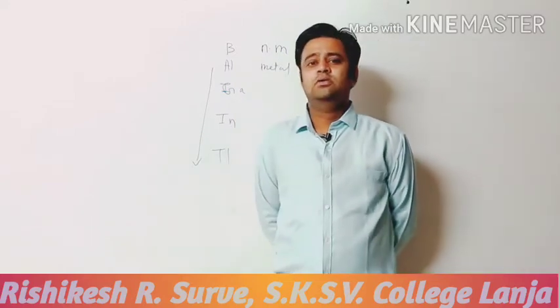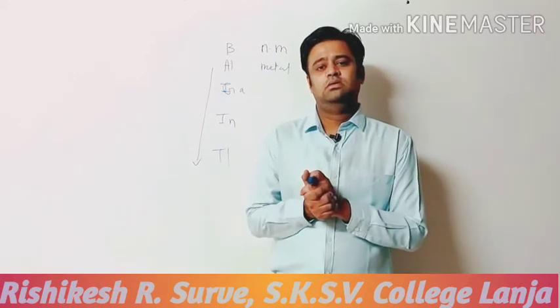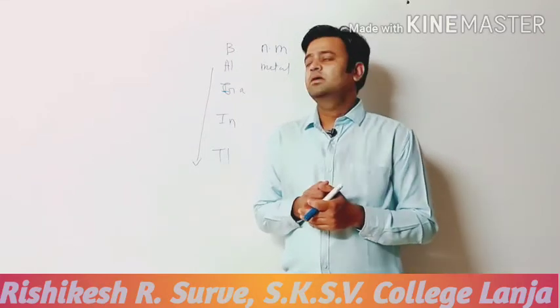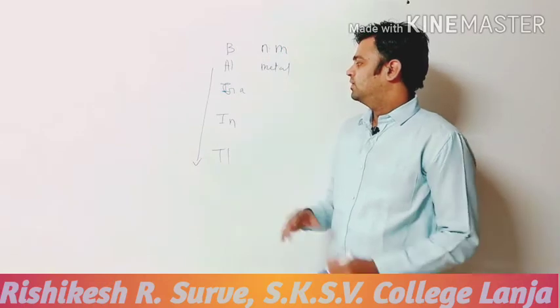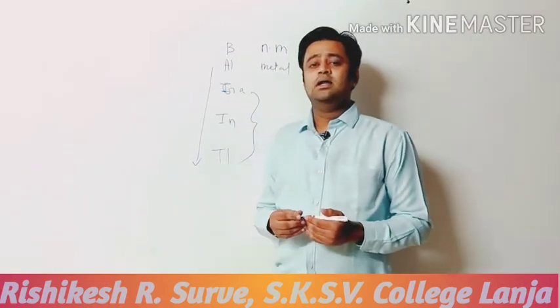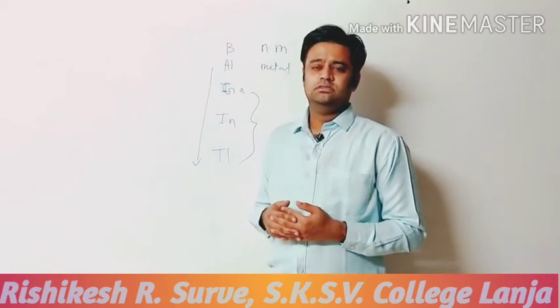Boron is a non-metal because its size is very small, right? And it has higher electronegativity. Gallium, indium, thallium are less likely to lose electrons.